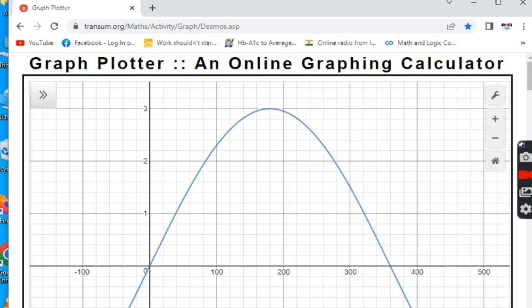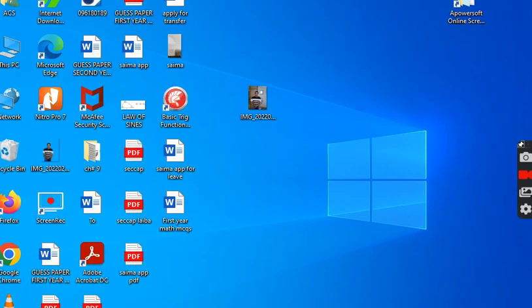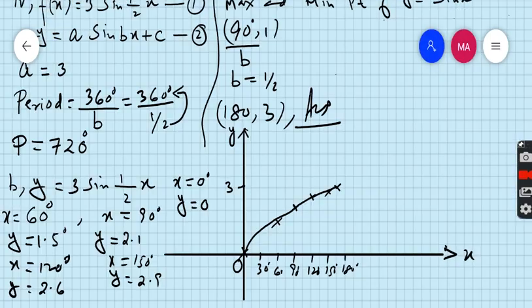So this is our graph. I hope you understand. If we take more and more values, we will draw an undefined curve, but we should restrict to 360 degree, then we have to go till 180. I completely hope you understand this question. Let's start the next part. So this is our 100% correct graph.